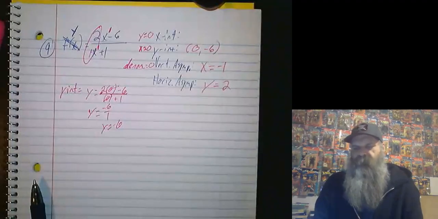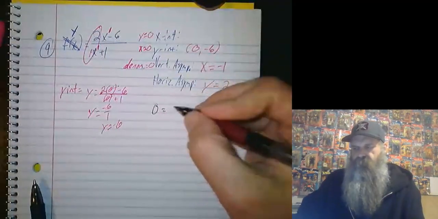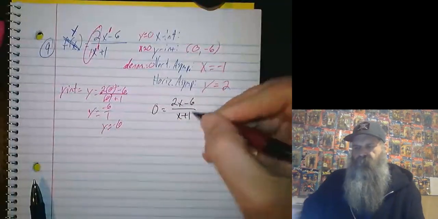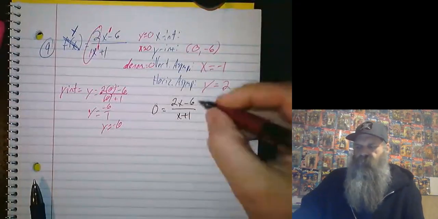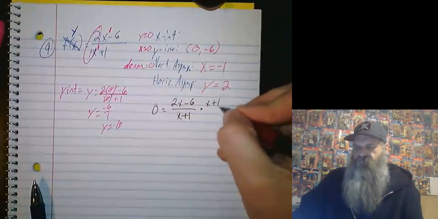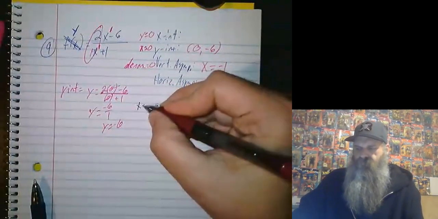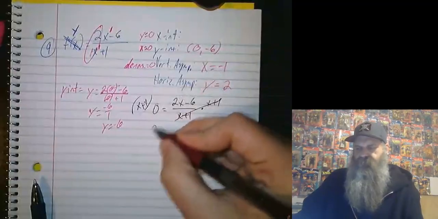And then for the x-intercept, we will change y to 0. So now we're just solving for x plus 1. So we can multiply both sides by the denominator. 0 times anything goes away.